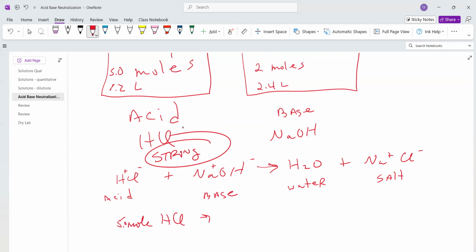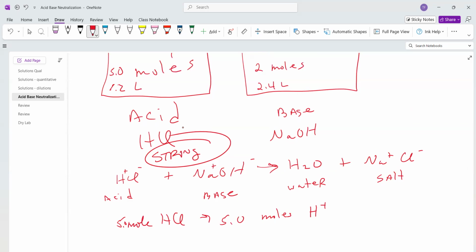Five moles of HCl gives us how many moles of H+? 5, because it's 1 to 1. One HCl gives us one H+.